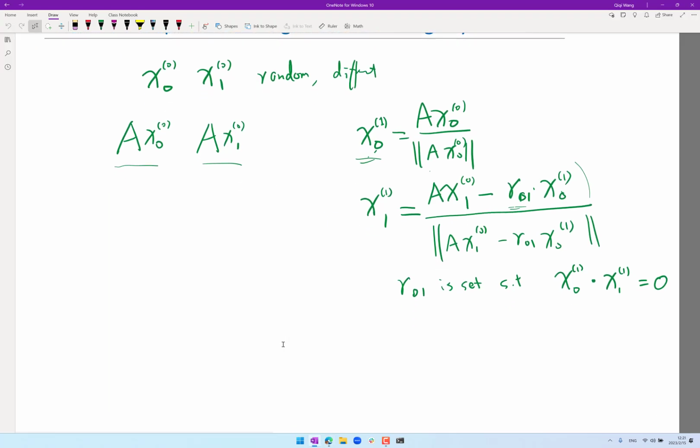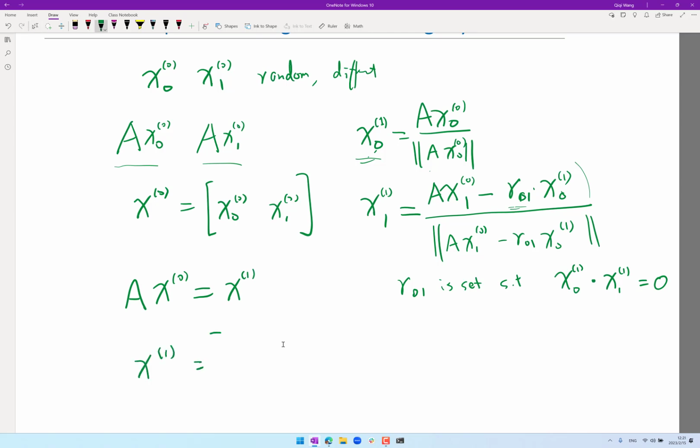Alternatively, if you denote x0 as an n by 2 matrix of x0,0 and x1,0, and then multiply a with x0, what you can say is that this is equal to the new vector, x1, where x1 again is an n by 2 matrix, x0,1 and x1,1, times a matrix.